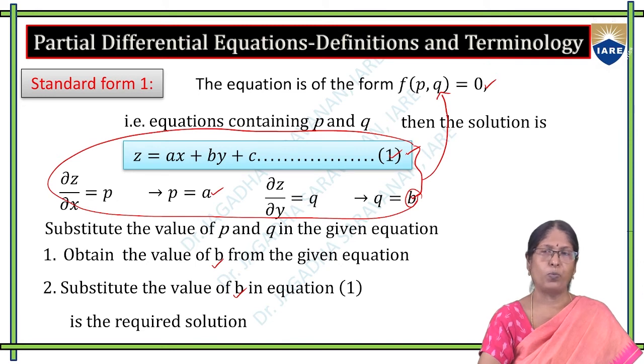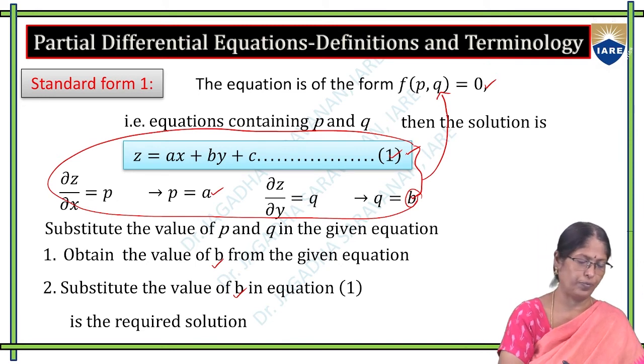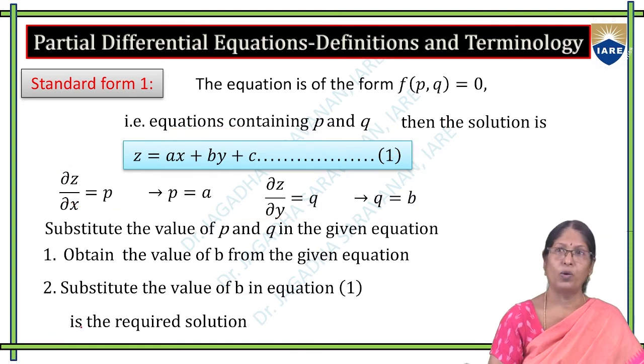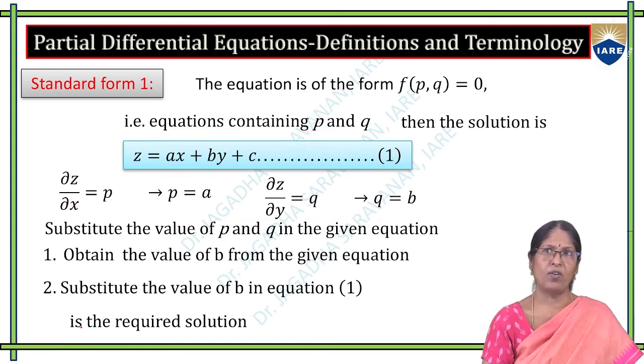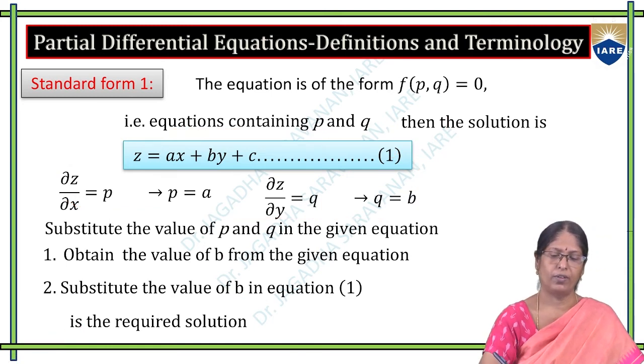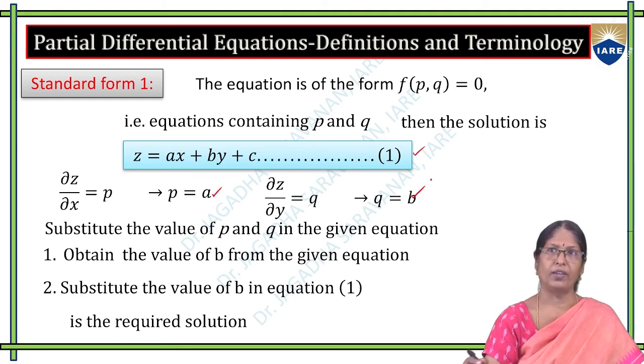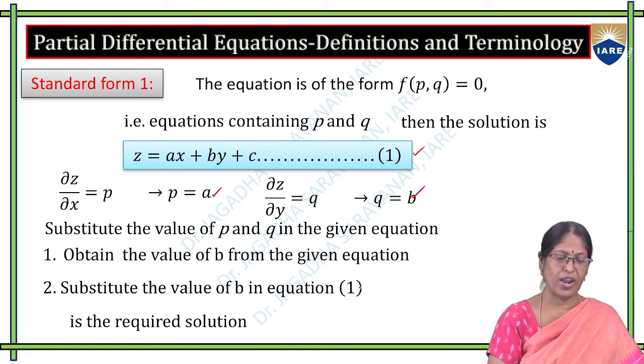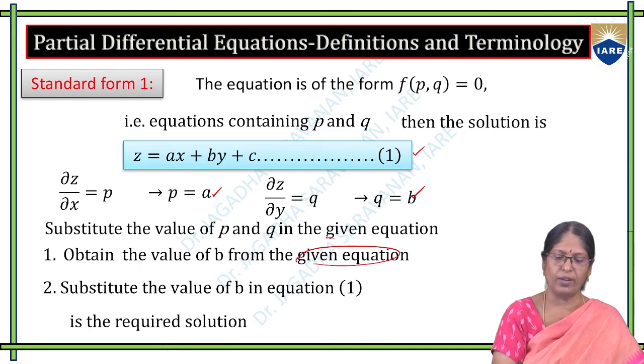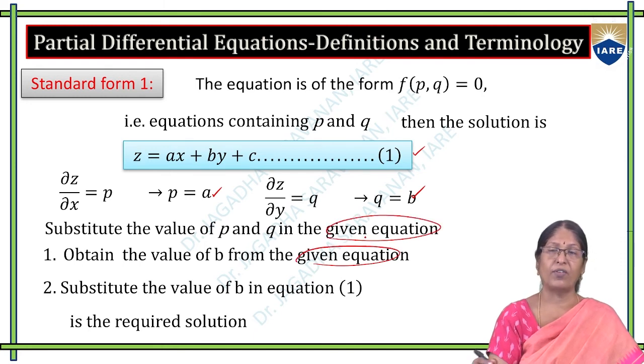Just now I will put the ticks on the terminology connected: 1, 2, 3. They are standard. Where the given equation is there, they are related to whatever questions we are asked to solve.